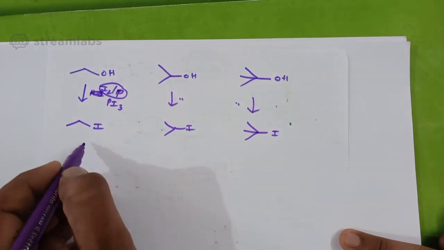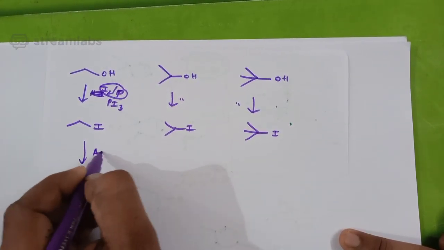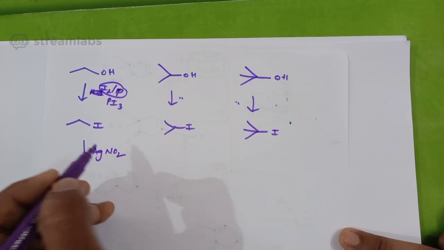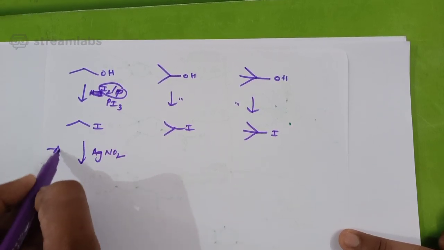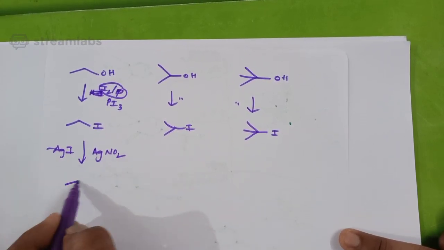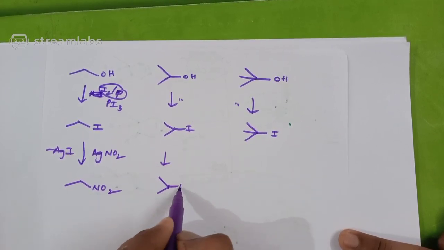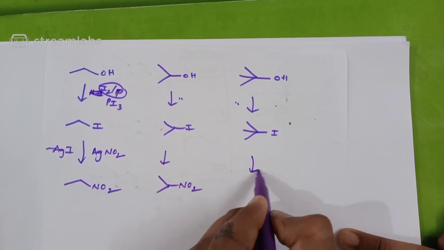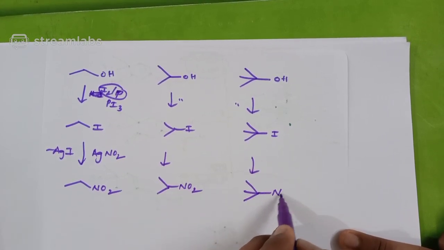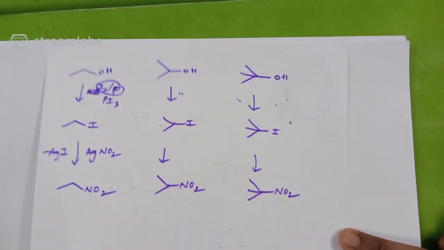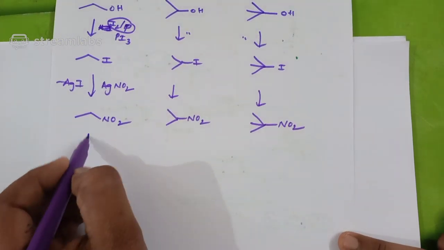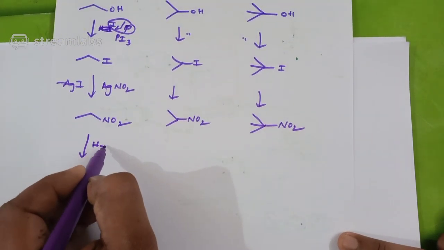Then if it is treated with AgNO2, AgI is removed as precipitate and it forms NO2, NO2, NO2. Till here same, right? The next one, treated with nitrous acid.